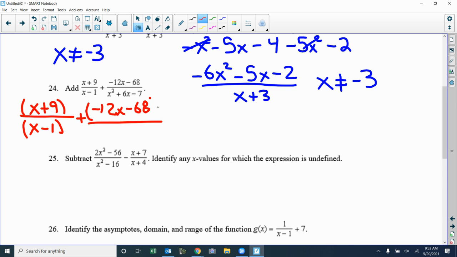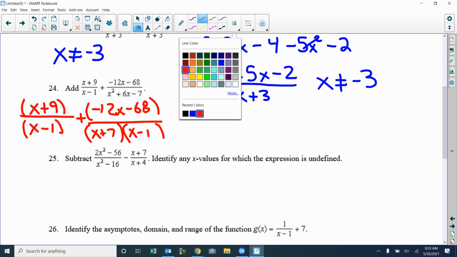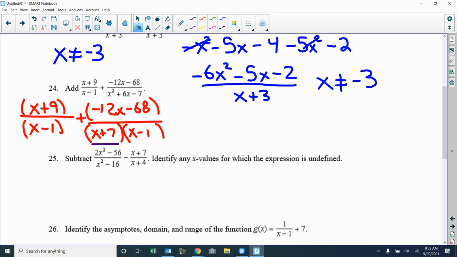And here we're going to factor this to x plus 7 and x minus 1. All right, so what are we missing? Well, we're missing, of course, x plus 7. So we gotta have the x plus 7 here, x plus 7 here. So we got a little work to do.